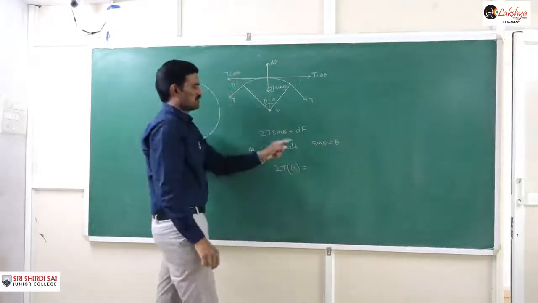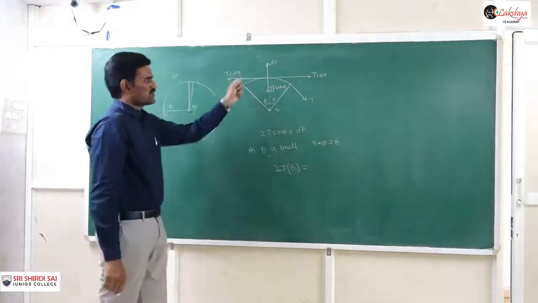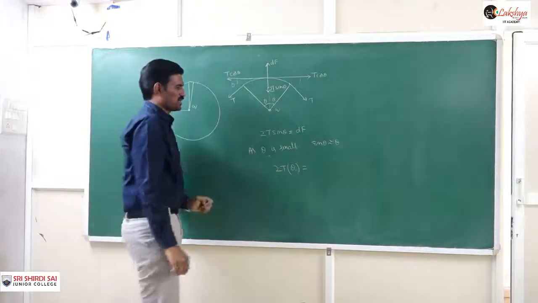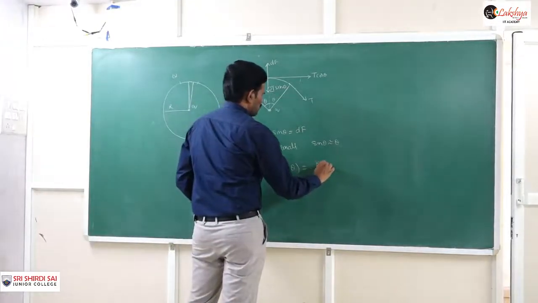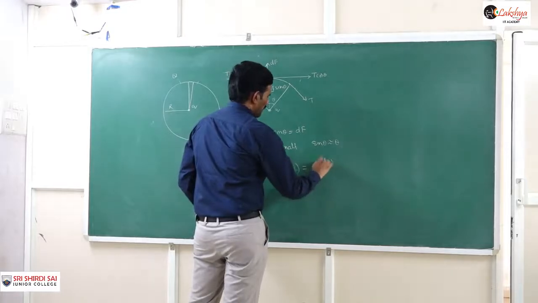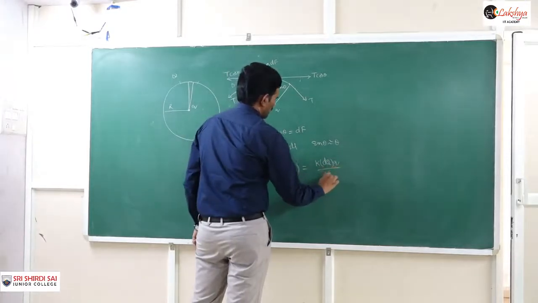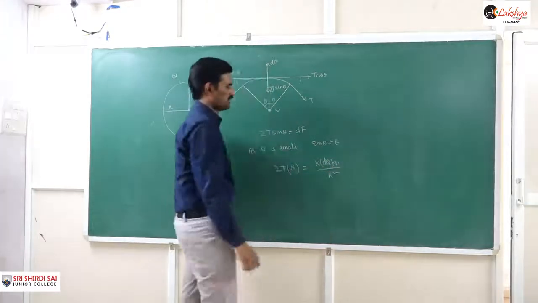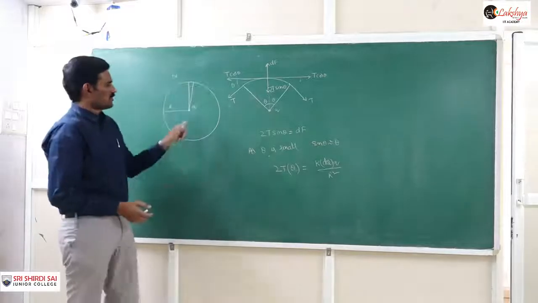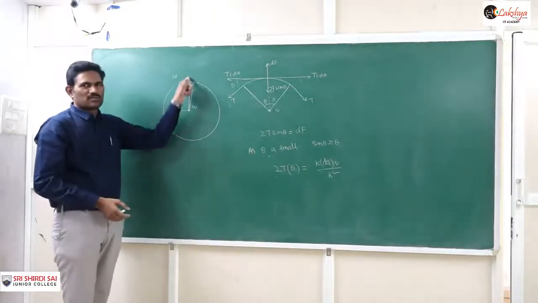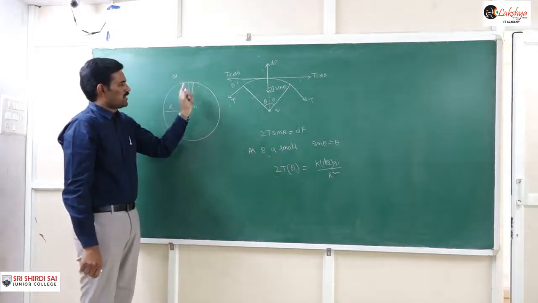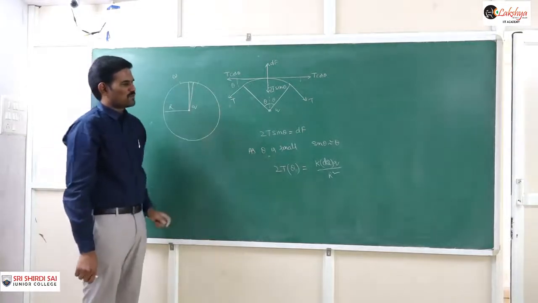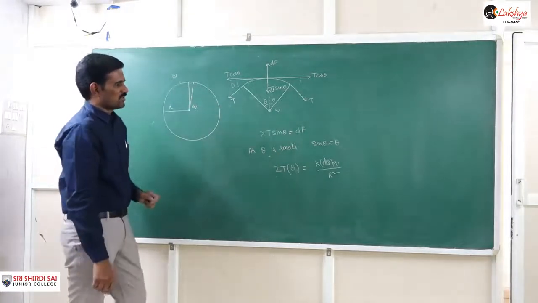This is equal to dF, the force acting on the element, which I can write as K dQ q by R square. That means we are just applying Coulomb's law between this point charge and this small element, where dQ is the charge present on that element.